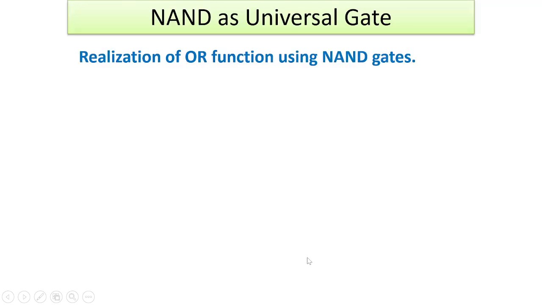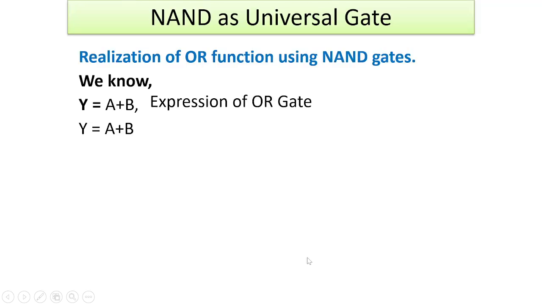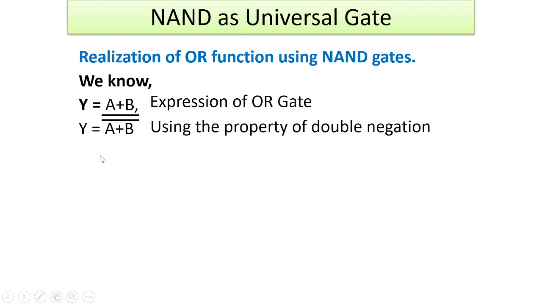Now let us move on to the next, where we are trying to realize the OR function using NAND gates. Here again we know the expression as y equal to A or B. Use double negation and then use De Morgan's theorem to switch this from OR to AND. See, we have an AND operator here. Now we will implement this using NAND gates.